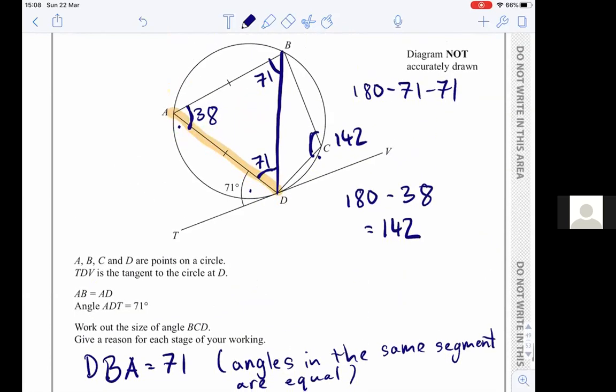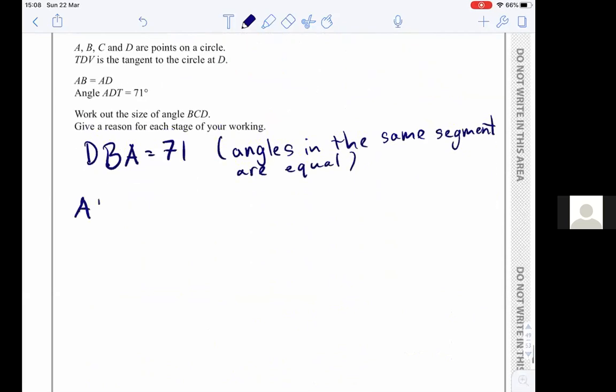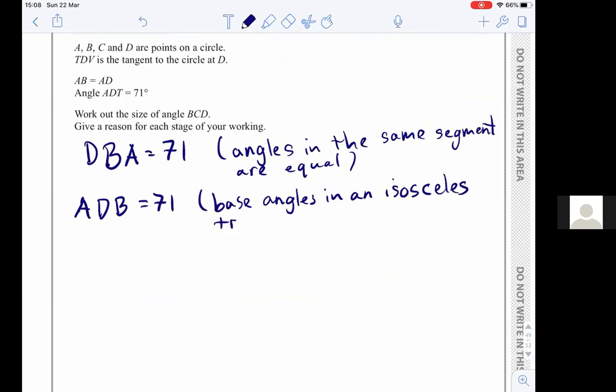Okay, then I worked out that angle ADB was also 71 because base angles in an isosceles triangle are equal.